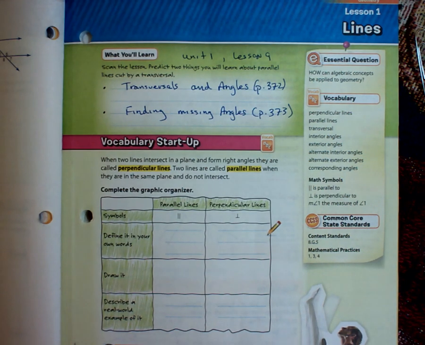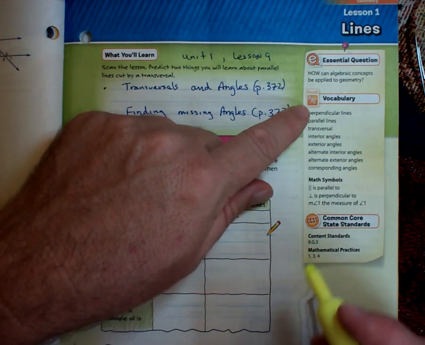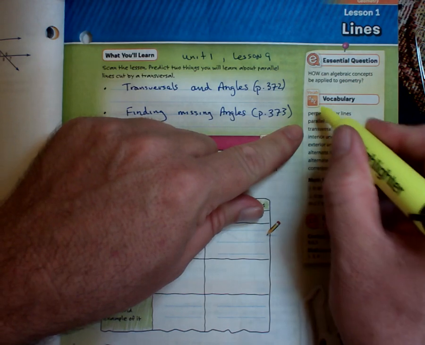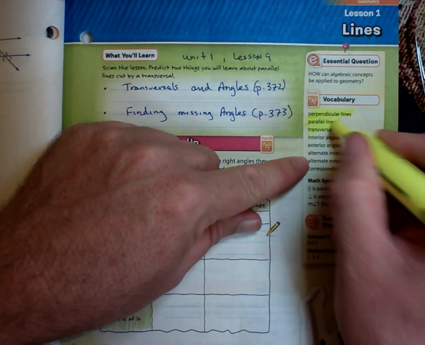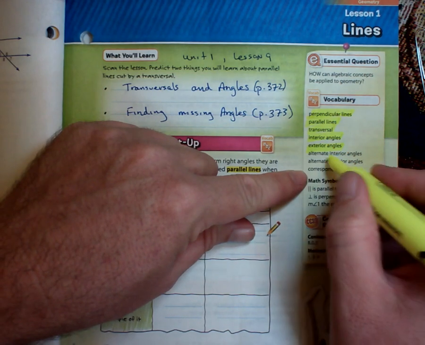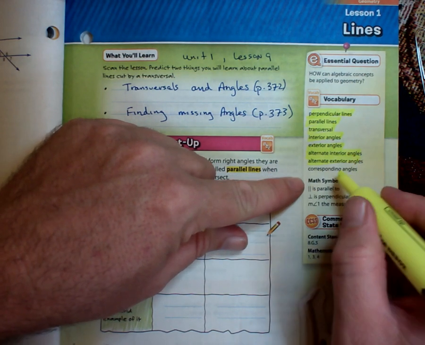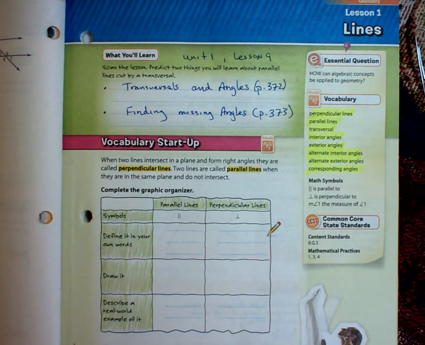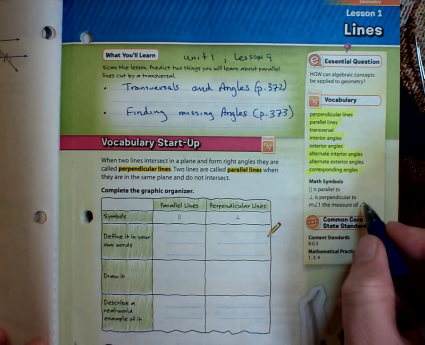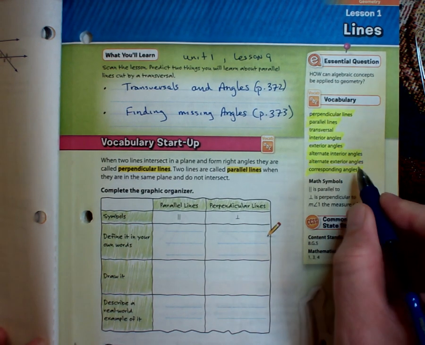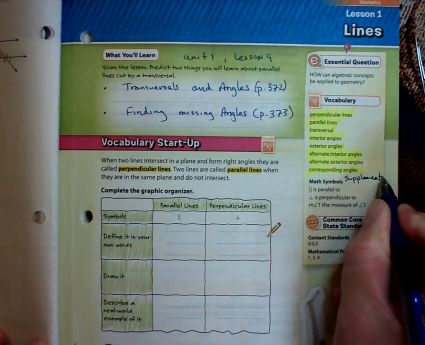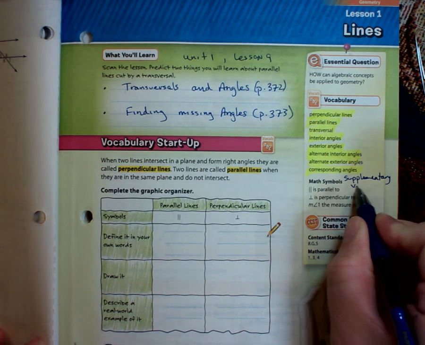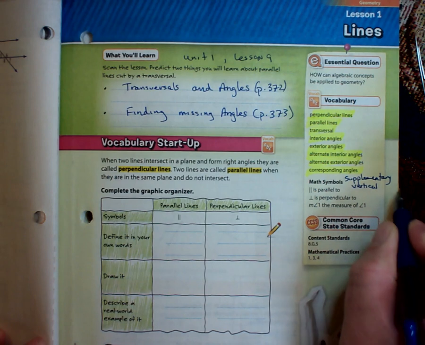Okay, your vocabulary is also identified right here. So perpendicular lines, we already highlighted them. Parallel lines, transversal, interior angles, exterior angles, alternate interior, alternate exterior, and corresponding. Again, it's missing some very important ones: supplementary and vertical. These are both angles.